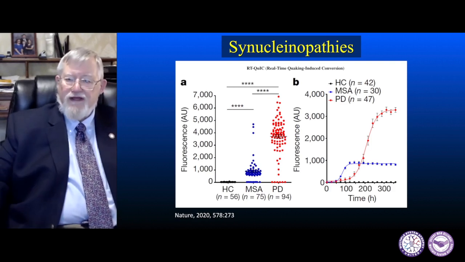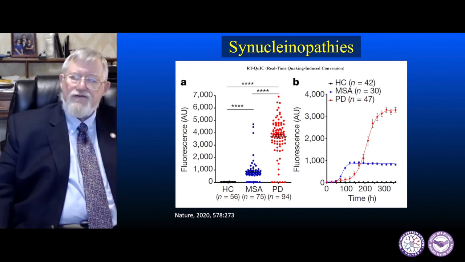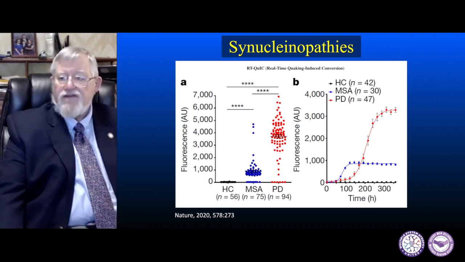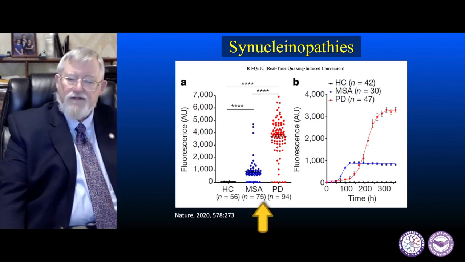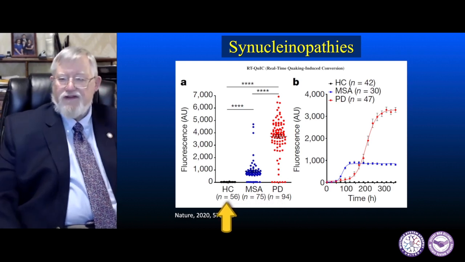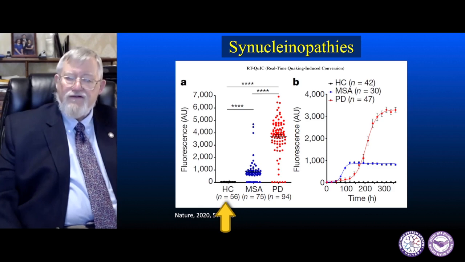Again from last year, these are seed amplification assays where bits of tissue were homogenized from, in this case, autopsy brains of people. At the autopsy, we knew for sure who had multiple system atrophy, who had Parkinson's disease, and who didn't have either of those, so they were healthy controls. You could cause the proteins to aggregate.